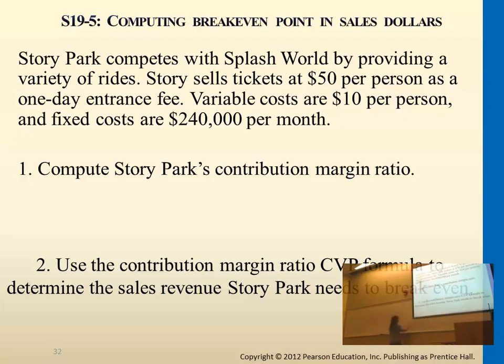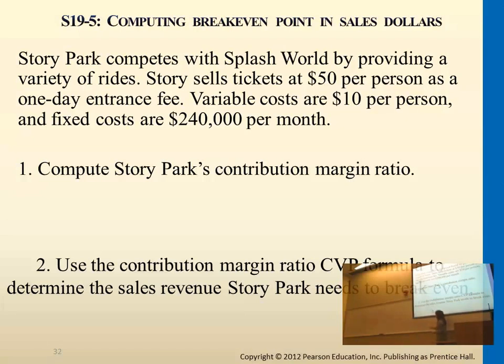Would be 40. Right, sales revenue minus variable costs, so you have 40 over 50, which gives you 0.8, meaning per dollar of sales revenue, you're generating 80 cents of contribution margin. It contributes to covering fixed costs to generate profit.